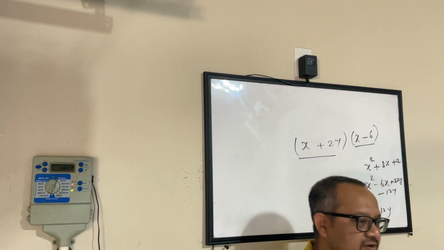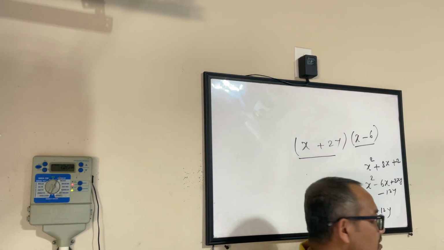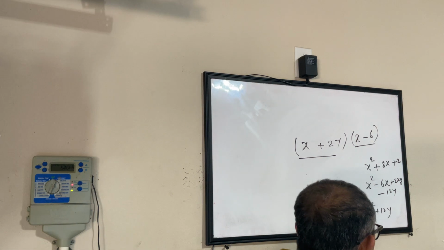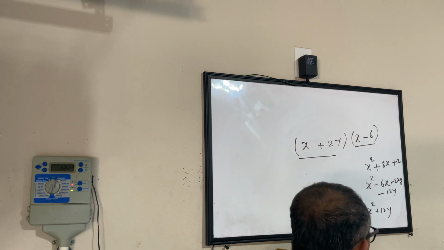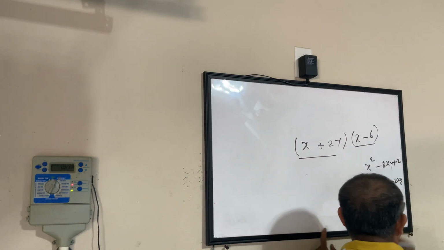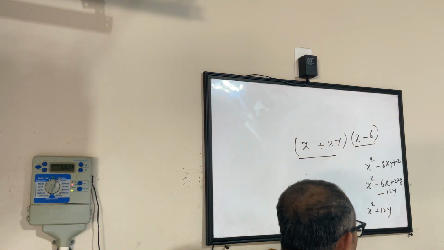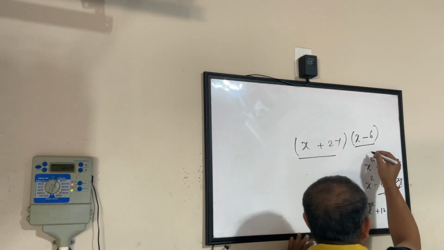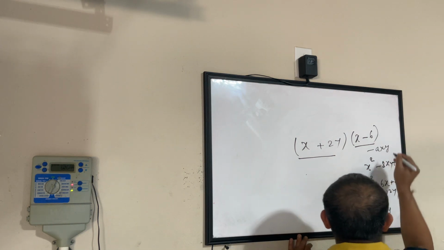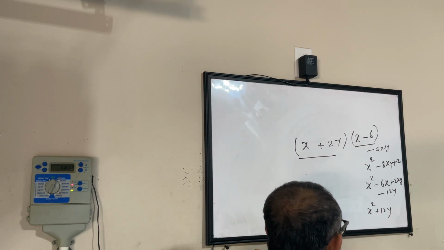Sorry, I didn't know there was a 2y, so I changed my answer and it's negative 8xy. No, it's just 8xy. From where did the a come into picture? I said 8. Negative 8.